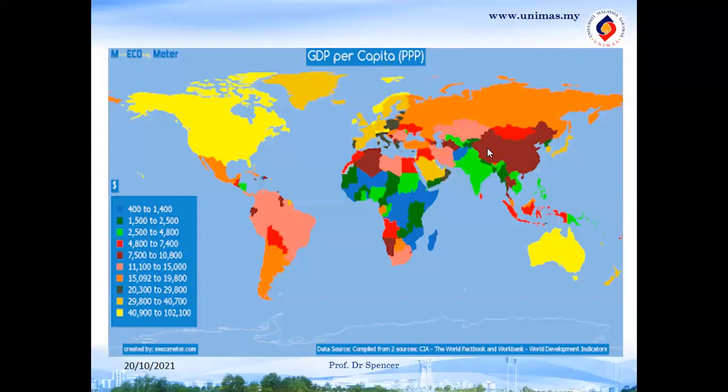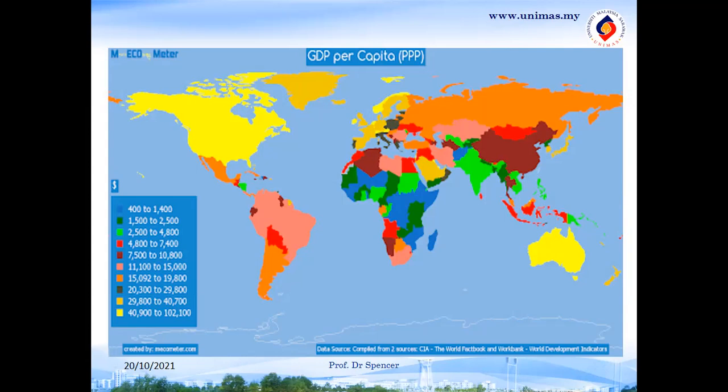So this is also another map showing the distribution in terms of income per capita, right? Tapi based on PPP, in other words, purchasing power parity. How much the value of money or goods that you can get using a certain currency, for example.